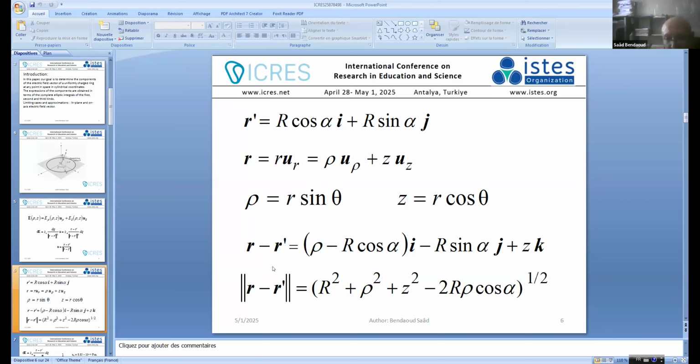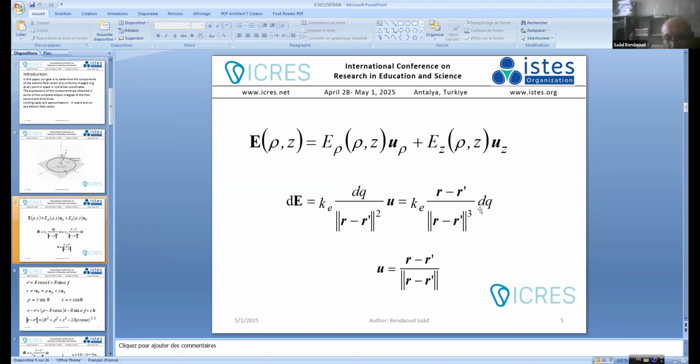We can put this quantity now here, and the Q also. And by replacing those quantities, where Ka is equal to 1 divided by 4 pi epsilon 0, where epsilon 0 is the permittivity of the vacuum.